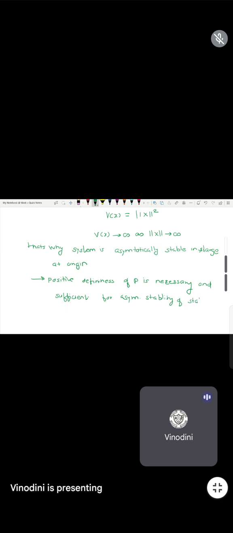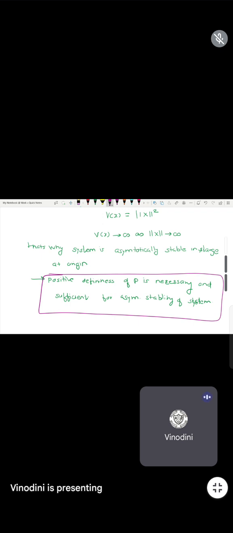So I will underline this: positive definiteness of P is required. When you find that P matrix, the solution of the system, and it is positive definite, then you can say the system is asymptotically stable.